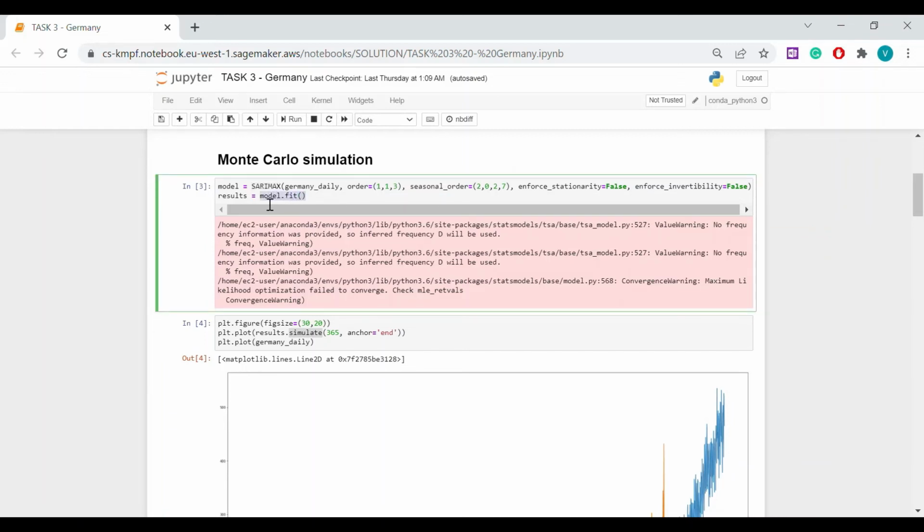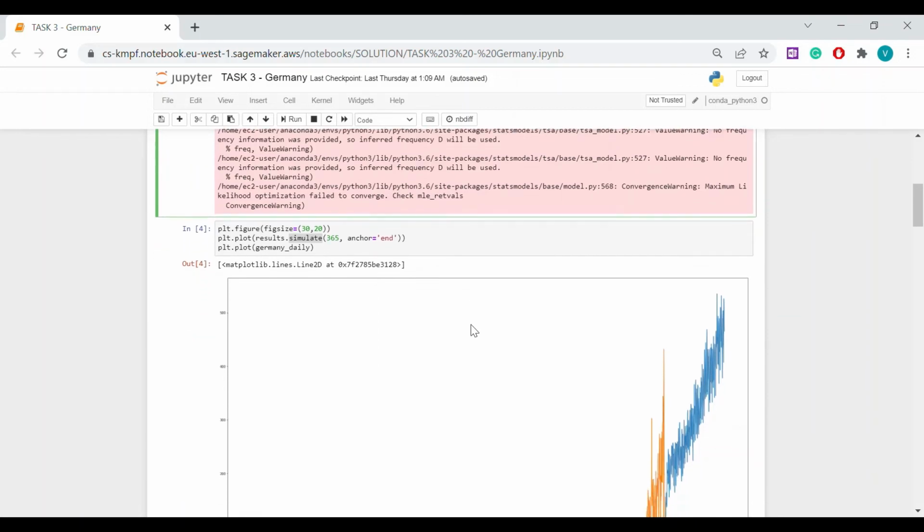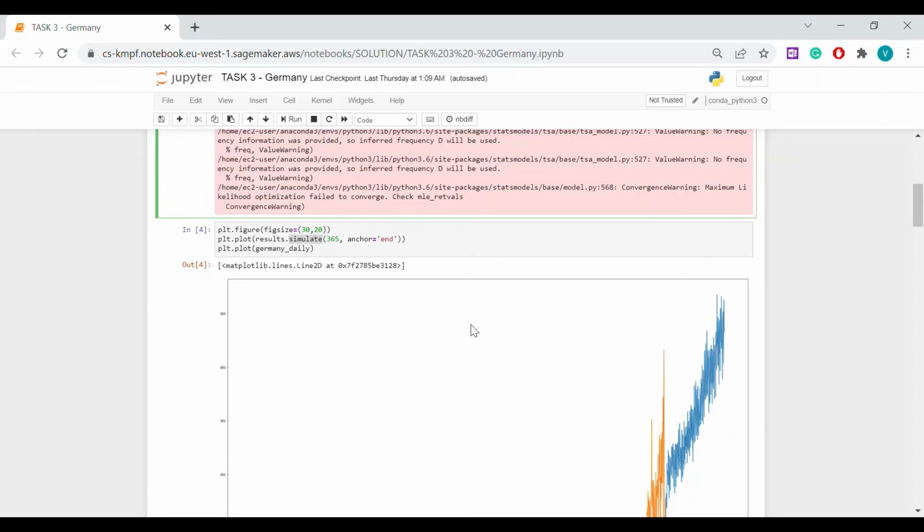Now we feed this model, and the package SARIMAX has a special function called simulate, which simulates a new time series following the specified model. SARIMA with order 1, 1, 3 and seasonal order 2, 0, 2 and the seasonal parameter 7 in our case. So for example, we have the electricity prices with the last value on the last day of the year 2021.